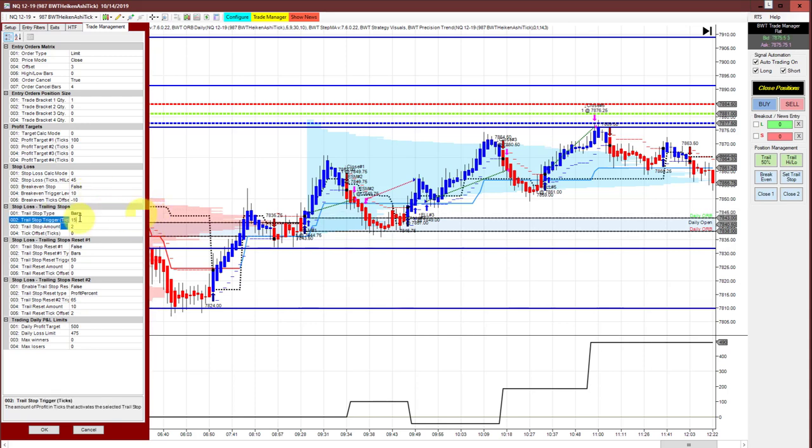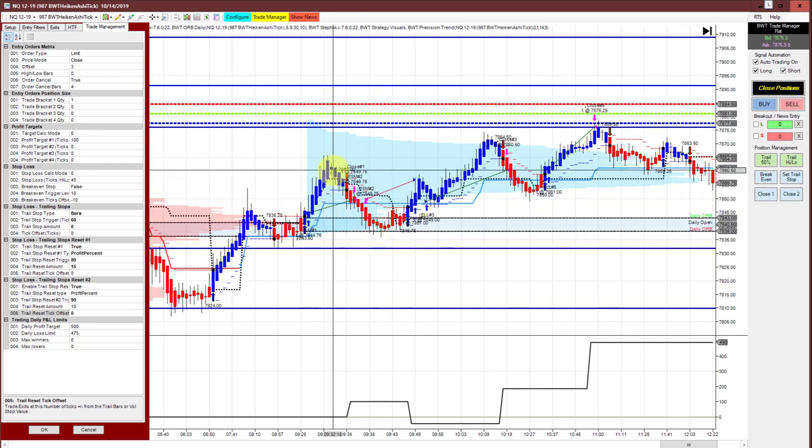I'm just going to go at 60 ticks as the first target, and trail by 0 bars. Then I'm going to set a second level at profit percent, and we'll go 80 ticks and trail by 15% of the profit. And then the third level, we'll go 90 ticks and trail 10% of the profit.